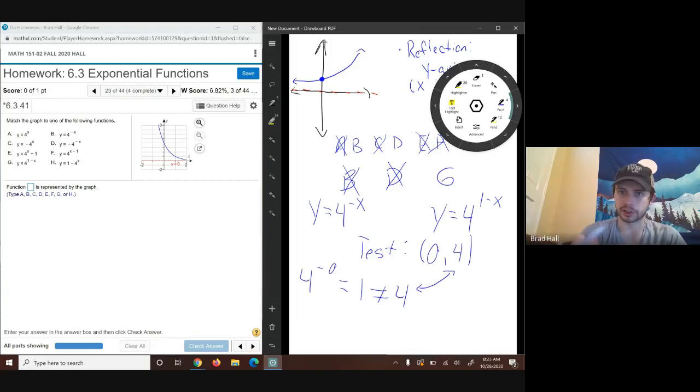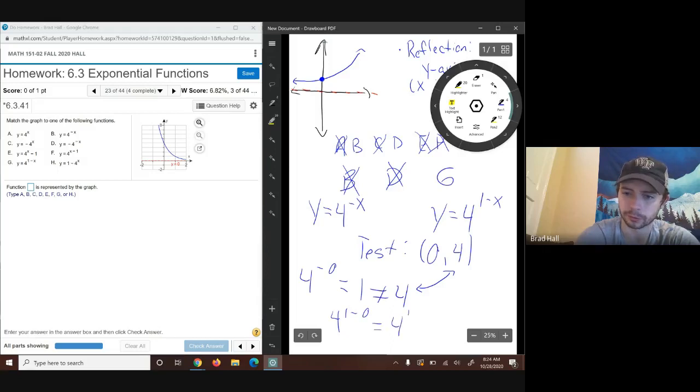In order for a function to be correct, it has to correspond to all the points on the graph. But if we pick option G, which says 4 to the 1 minus x, where x ends up being 0, that's just 4 to the first power, which is 4.